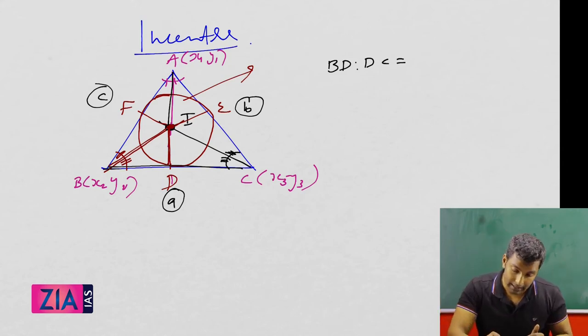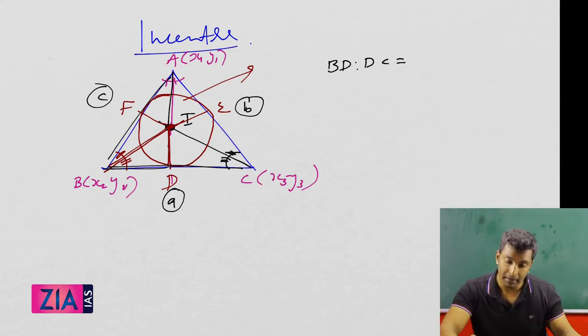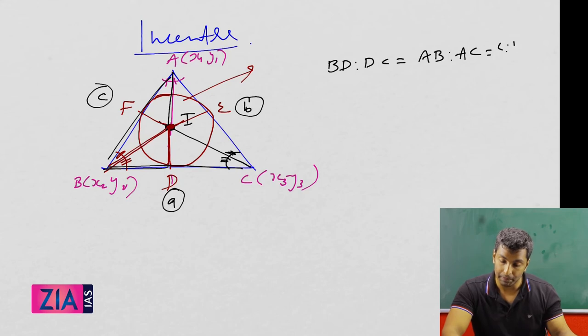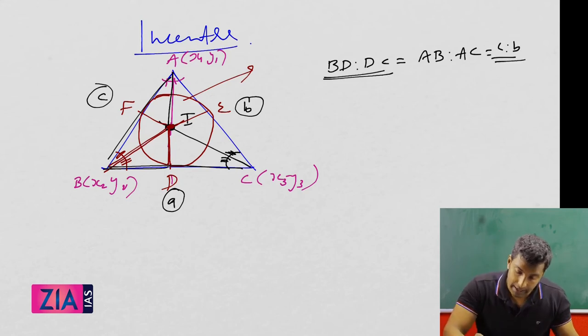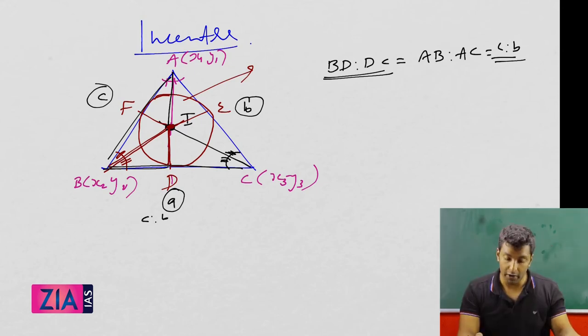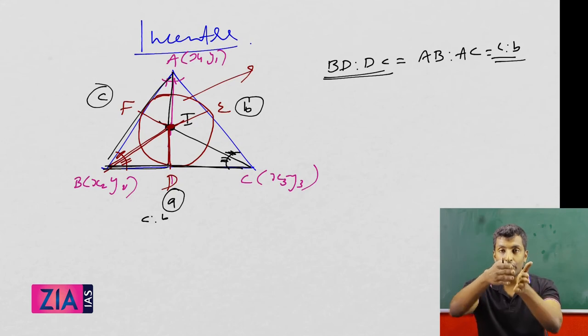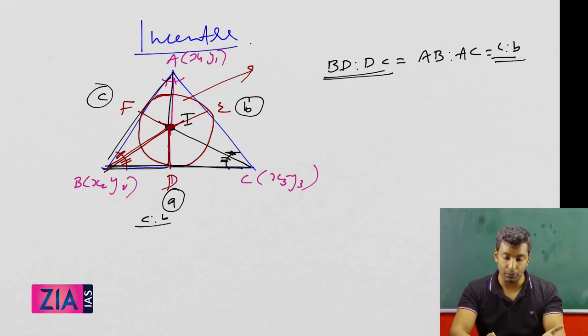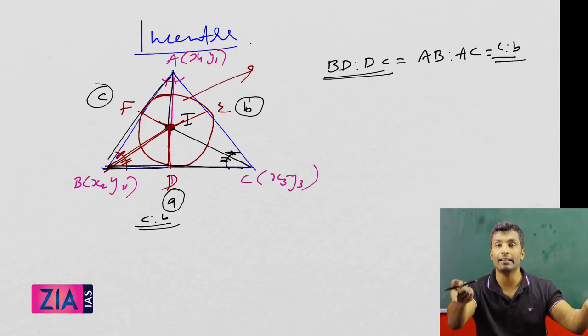BD is close to this side AB, so I can write AB is to AC, and AB is to AC means C is to B. So this will be in the ratio C is to B. I hope you understood this: the angle bisector divides the other side in the ratio of the remaining sides.